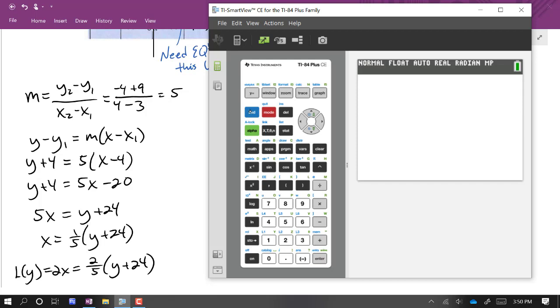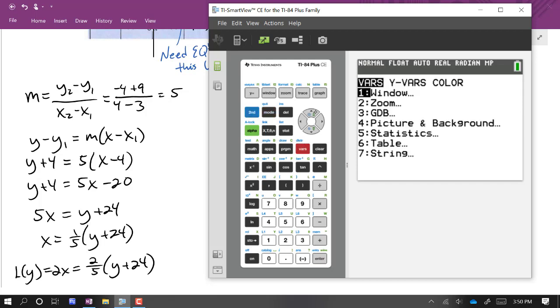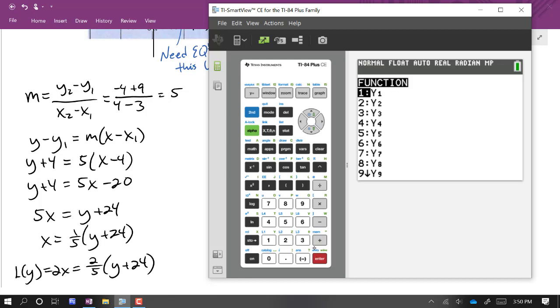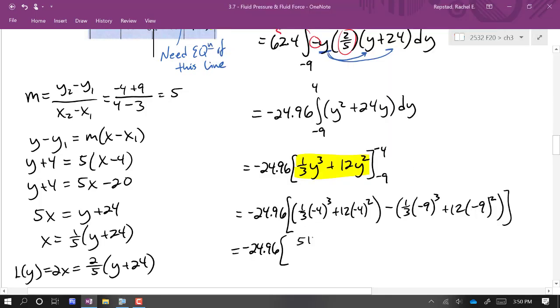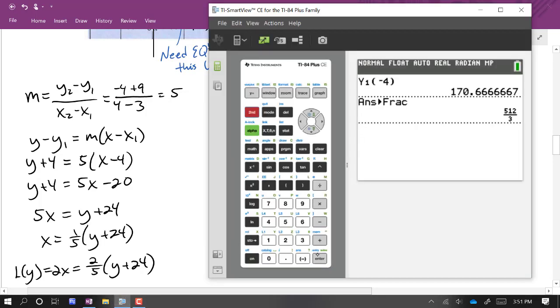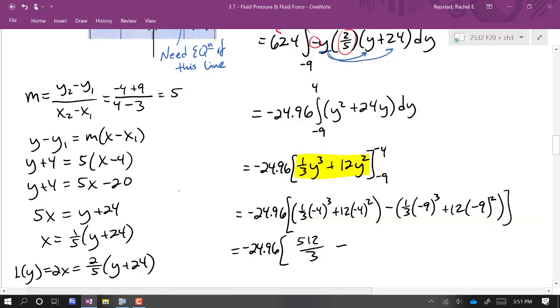So let's see, vars, y vars, function y1 of -4, 512 over 3, and then I'll just plug in -9. 729.